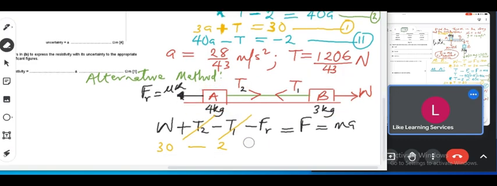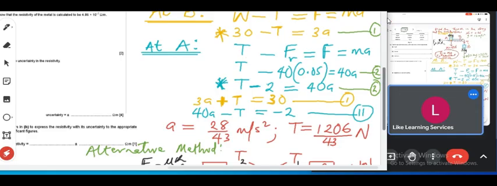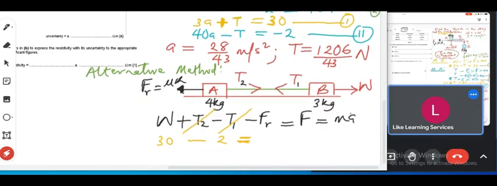The M in this equation is the total mass. So the M will be 7.